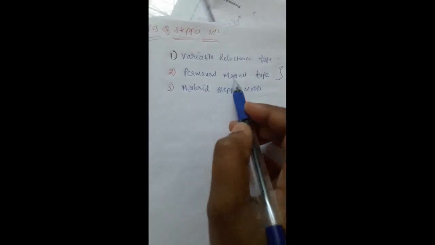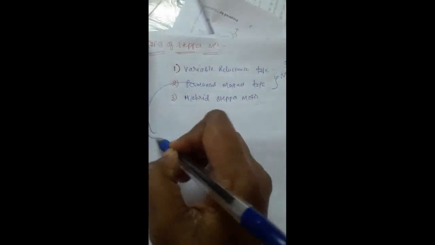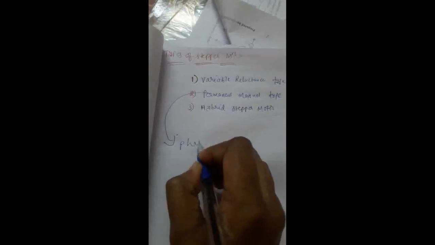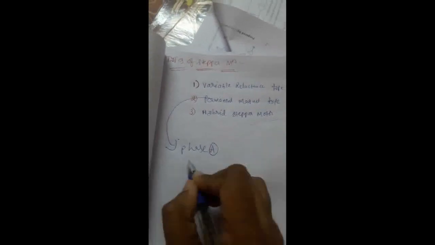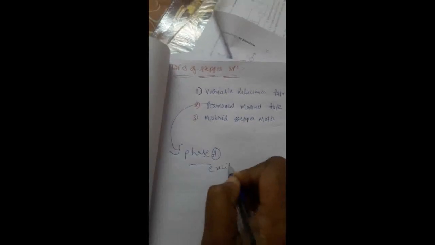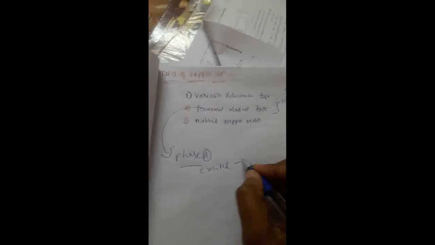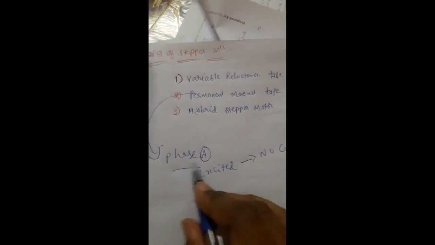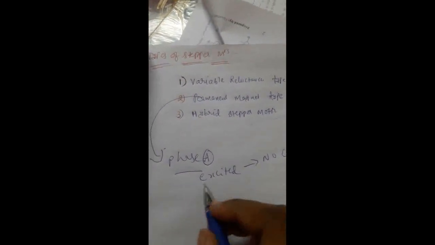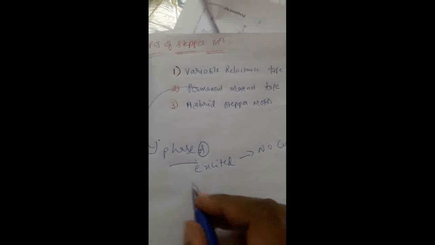The principle of the permanent magnet motor is this: when phase A is excited, there is no current flowing through the phase B winding. When we excite the phase A winding, the rotor starts rotating.